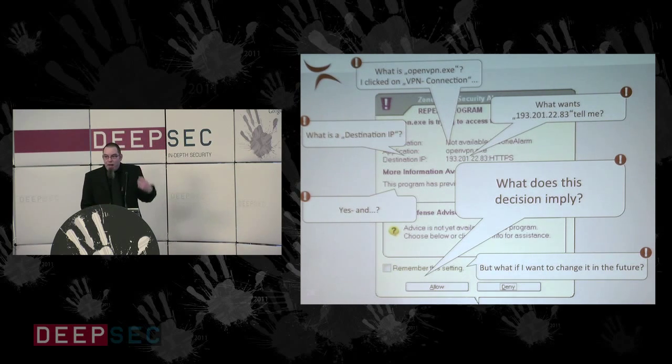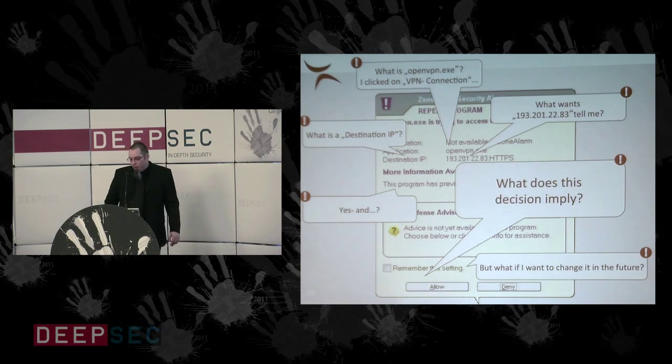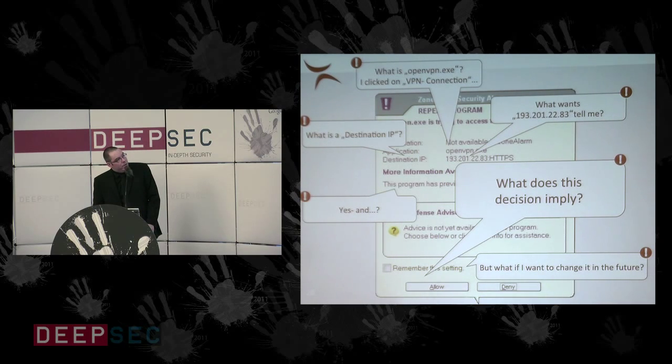What does it imply when I click on one of the buttons? So if you look at the picture now, there are a lot of open questions in the head of the end user. We know the human brain is designed to make sense out of things. So the man from the street is not able to answer these questions, but the human brain makes sense of the things it sees.